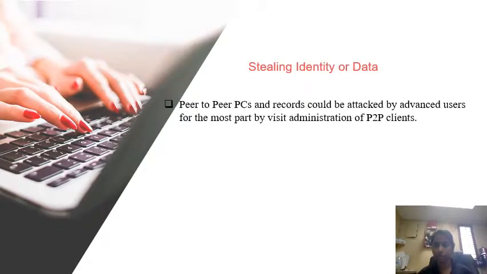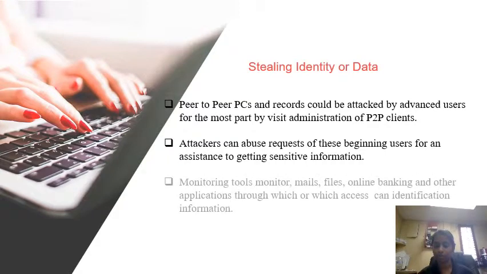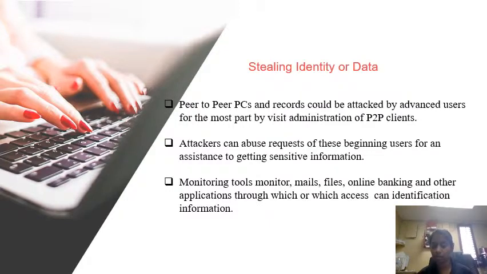Stealing identity or data. Peer-to-peer PCs and records could be attacked by advanced users, for the most part through frequent administration of peer-to-peer clients. Attackers can abuse requests of these beginning users for assistance to get sensitive information. They have so many tools in the world, like monitoring tools.